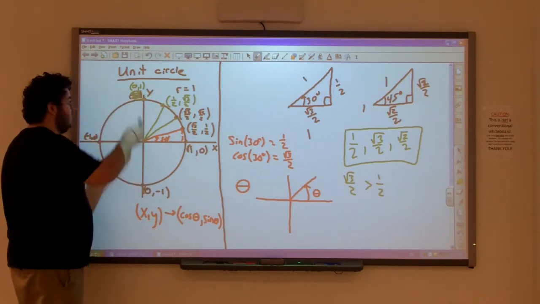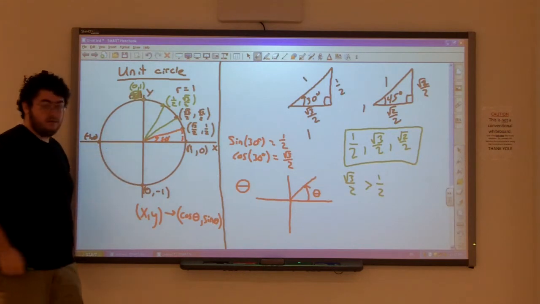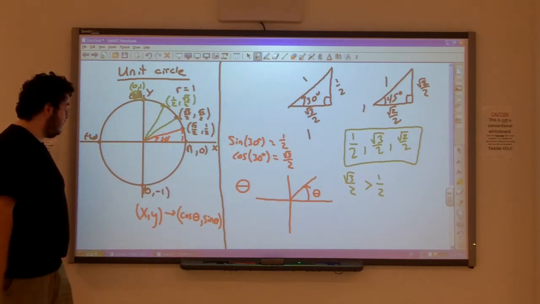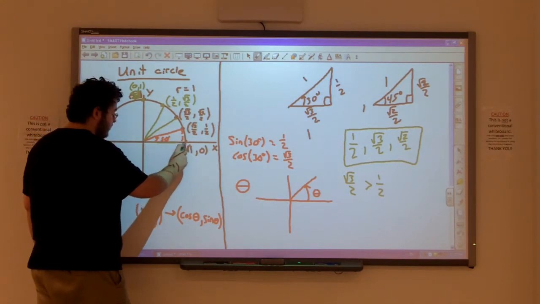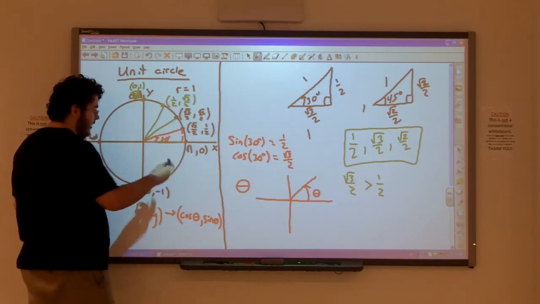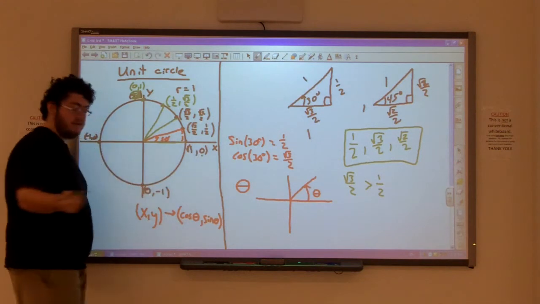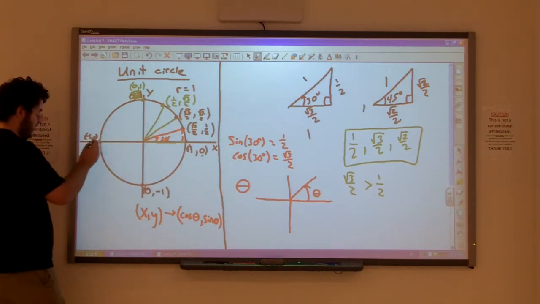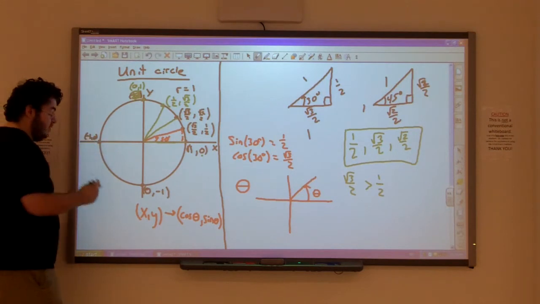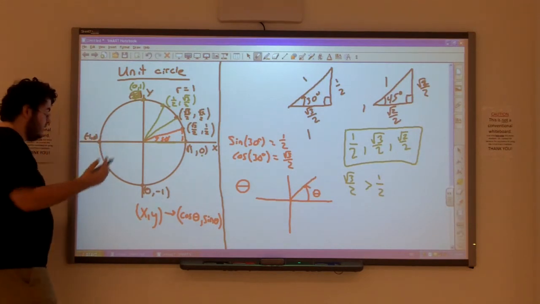The sine is 1 because the y value is 1. And that's all there is to it. If we look over here, the cosine of 0 is 1, and the sine of 0 is 0, just like we found before. Even if we go all the way over here to 180 degrees, the cosine is -1, just like we found, and the sine is 0.